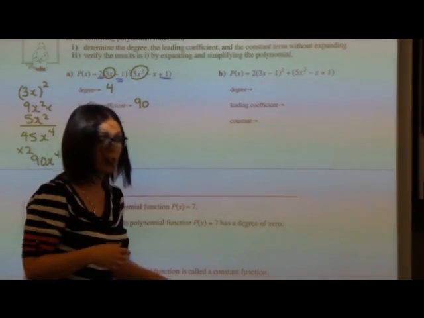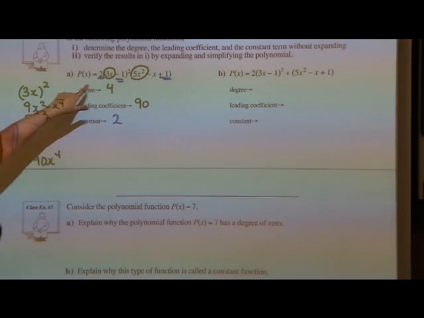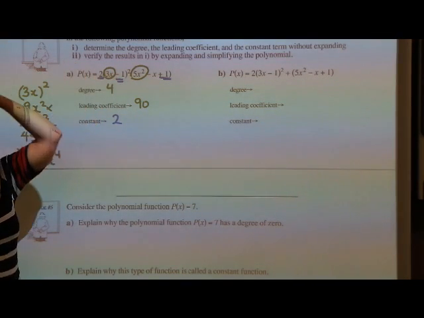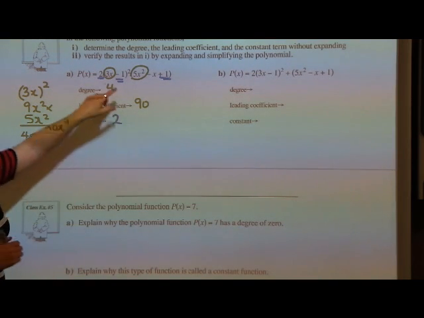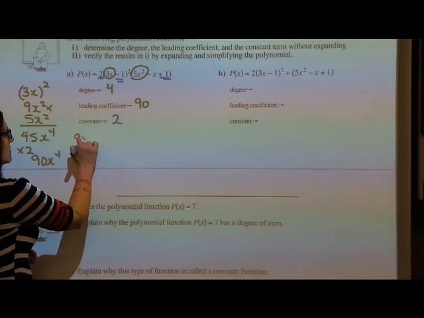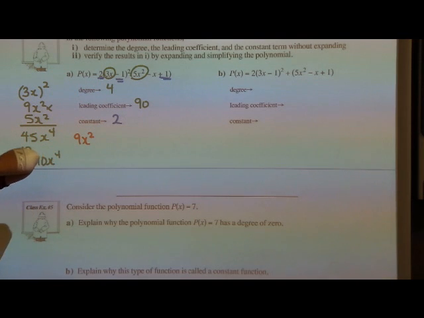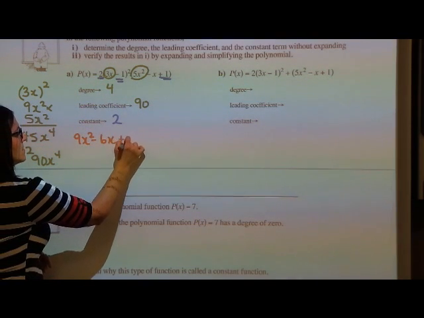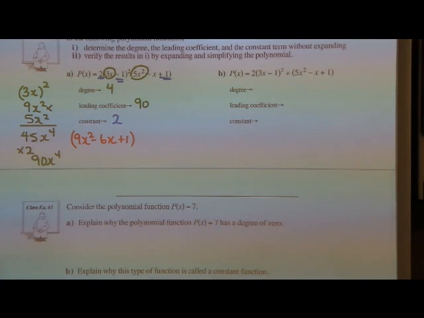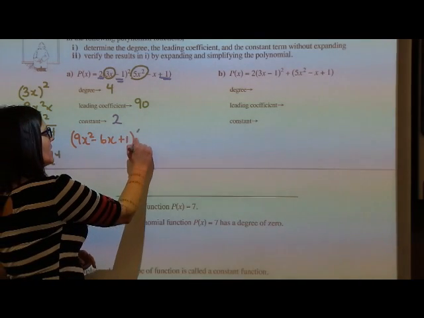So if I go to expand this out, the way that I would probably expand it to save me some time, the 3x minus 1 all squared, I can do that one kind of in my head. I square the 3, I get 9x squared. Then I'm going to take 3 and multiply it by -1, and I'll double it. And there's my -6, and then plus the 1. And then I'm going to take this 2 and multiply it by everything inside of here.